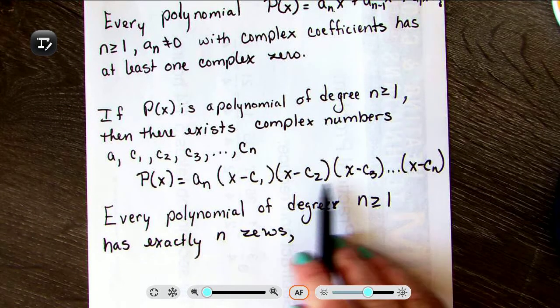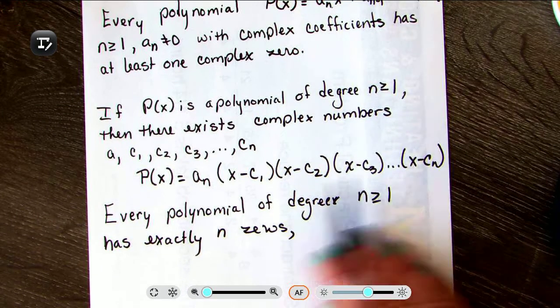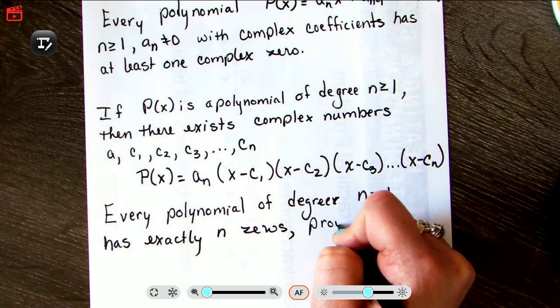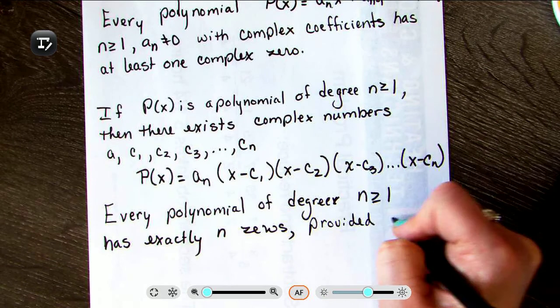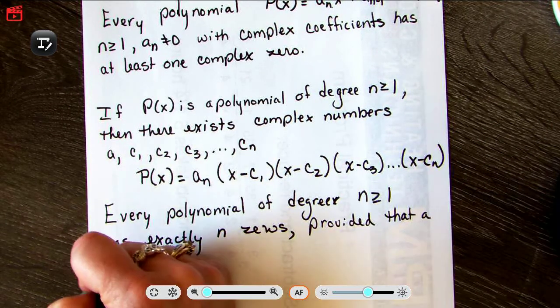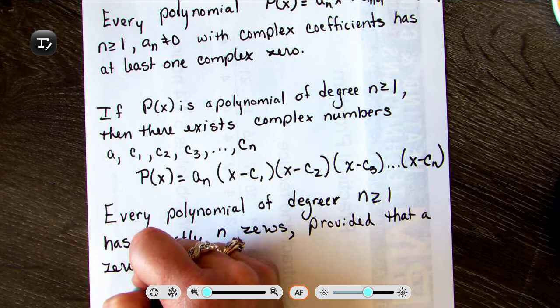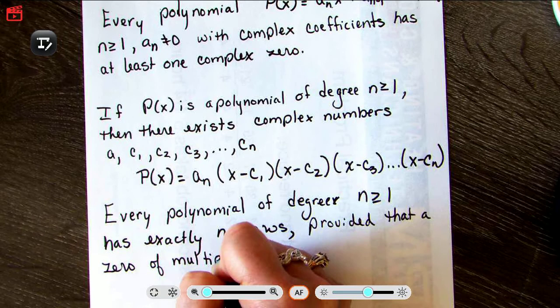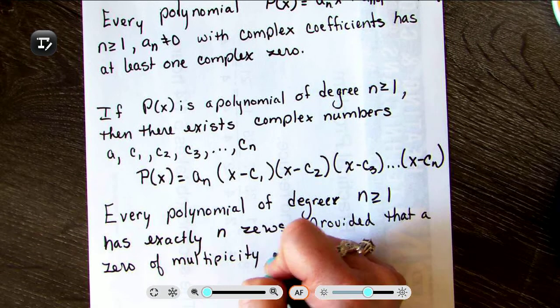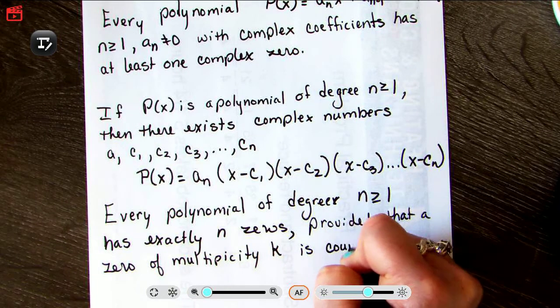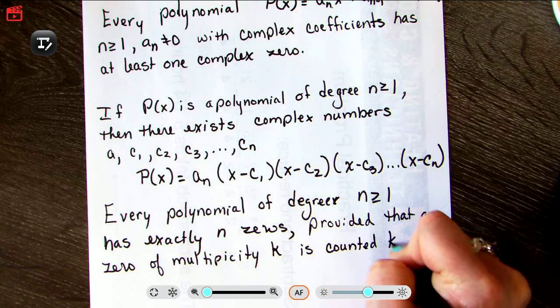So in other words, we can do this factoring n different times. We also would say that provided that a 0 of multiplicity k is counted k times.